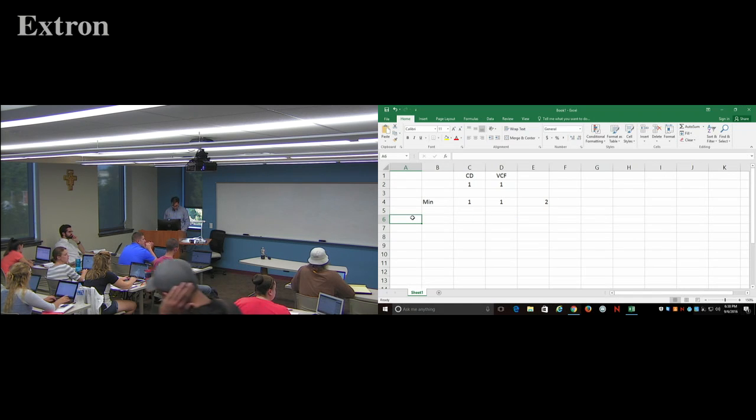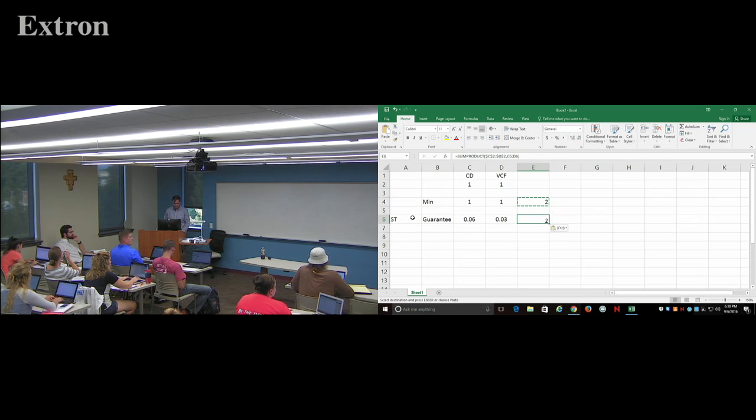I'm going to skip a line, subject to, and this is my guaranteed returns. And the guaranteed coefficients are 0.06 and 0.03. I'm going to copy my SUMPRODUCT formula down. And that has to be greater than or equal to 2,000.